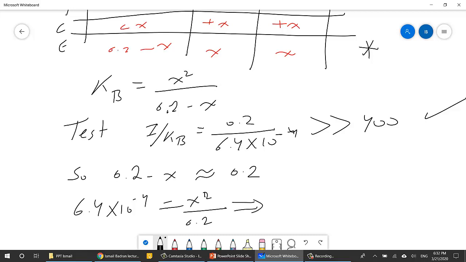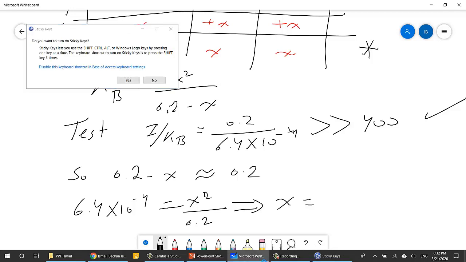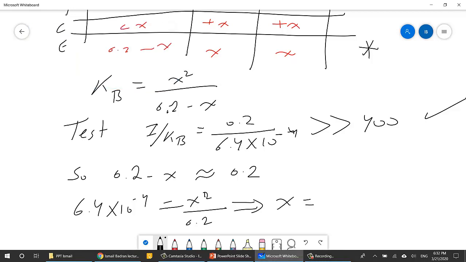And you just do your mathematics, you cross multiply, you take the square root, and you will find x is equal to 8.5 times 10 to the minus 3. You can call this molar, it's molar actually.